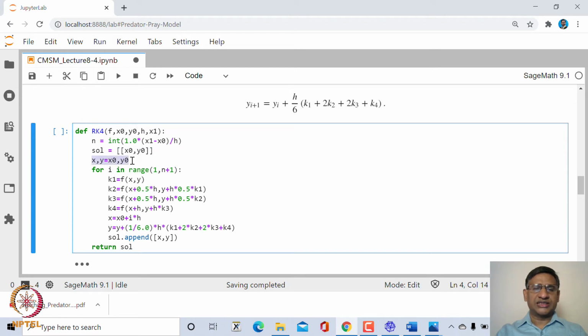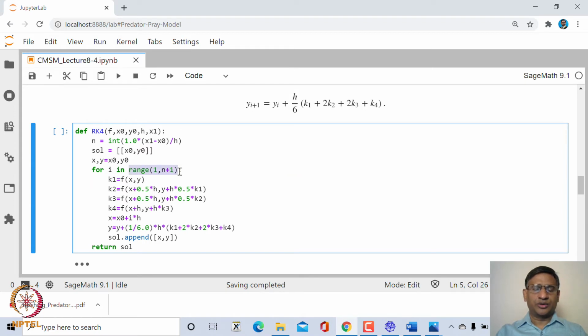You initialize x, y as x naught, y naught, so that instead of calling x_i, y_i, we will simply look at x and y. So k1 is f at x, y. Run the loop i going from 1 to n plus 1, because the last one is x_n.